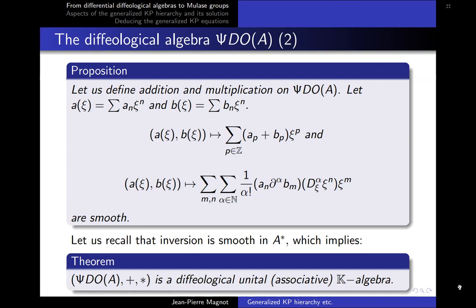That is, not only the multiplication but also the inversion are smooth. Then with this assumption, I get a structure of diffeological unital associative algebra on PCDO of A. This is then one step.